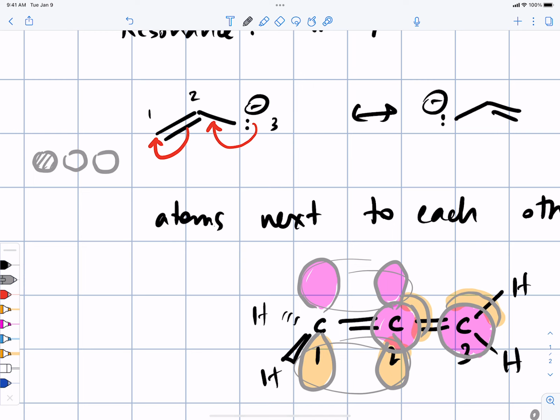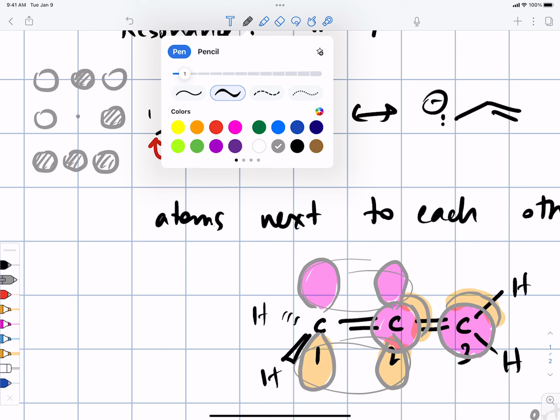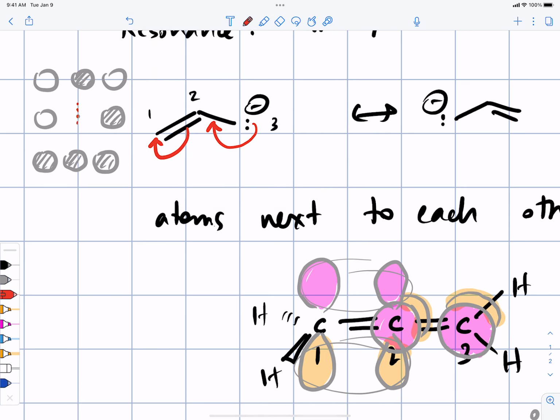You've got three of them together with the same wave function sign, or you have two nodes where you switch wave function sign in the middle, and then the middle orbital is where you switch wave function sign at carbon 2. So that's really where this alternating issue comes from.